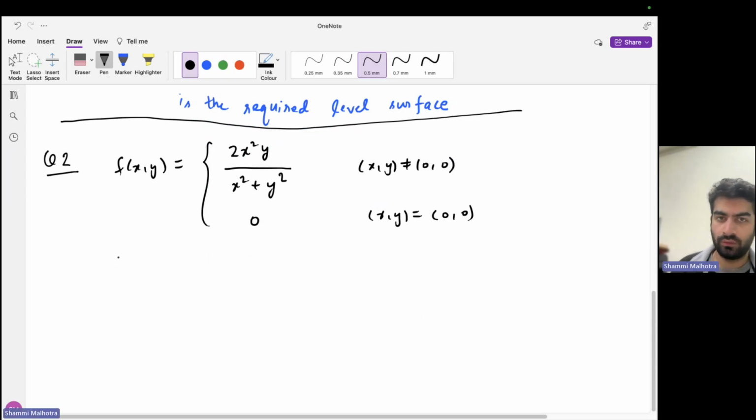What we would like to do is calculate the limit as (x, y) tends to (0, 0) of our function, and see whether this exists.